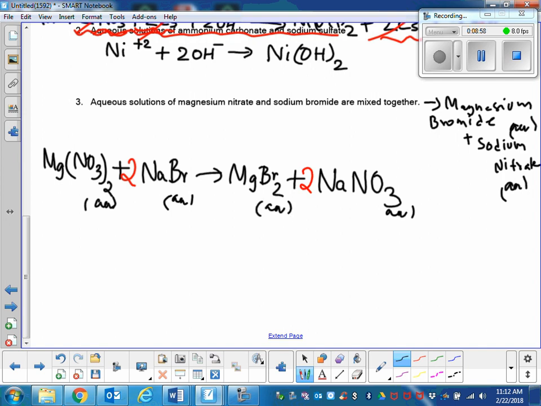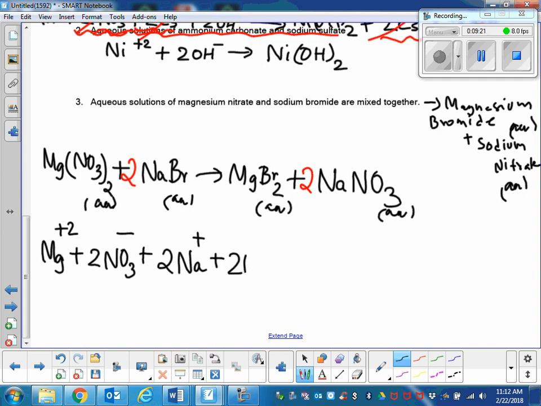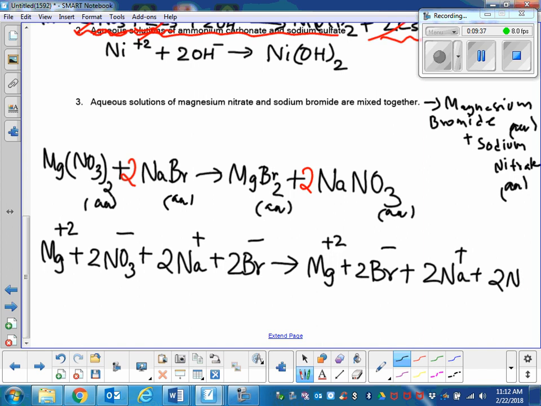And we can show through the net ionic equation that there is no reaction, because all ions will end up canceling. Does that make sense? So you break it up into Mg plus 2, plus 2NO3 minus, plus 2Na plus, 2Br minus, giving Mg plus 2, plus 2Br minus, plus 2Na plus, plus 2NO3 minus.